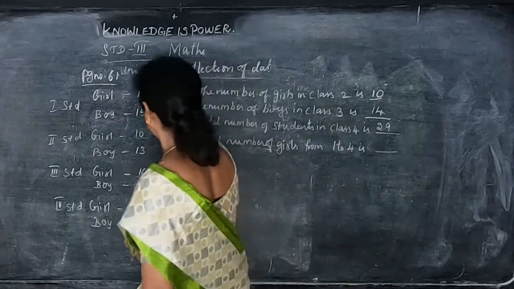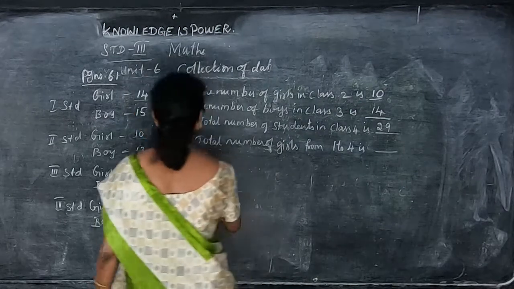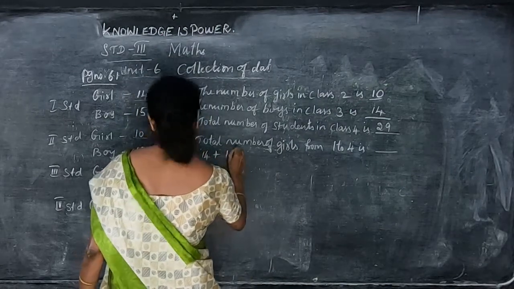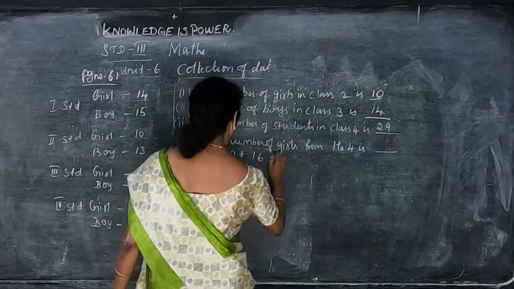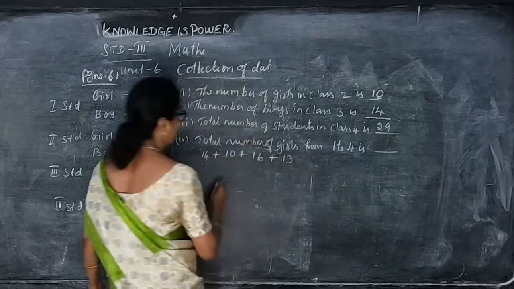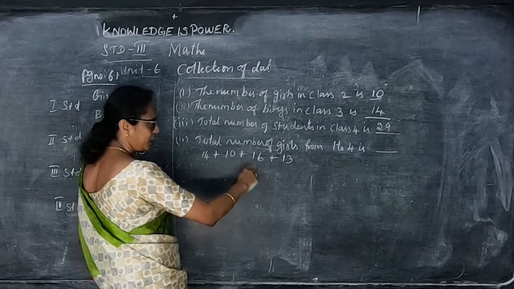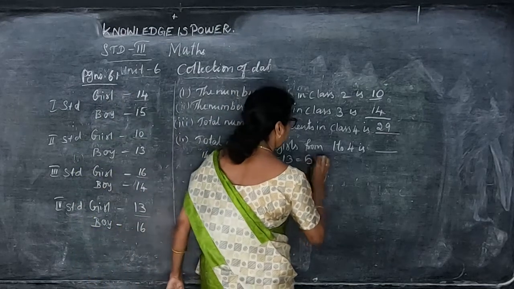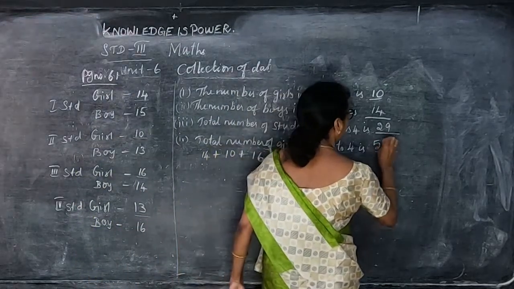How many total girls are there? 14. So you can write 14 plus 10 plus 16 plus 13. If you add, 14 and 16 is 30, 40. That gives you 53. So you can write 53.